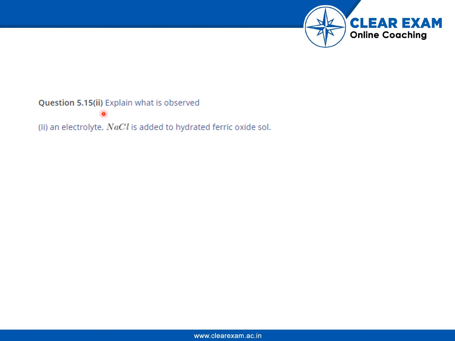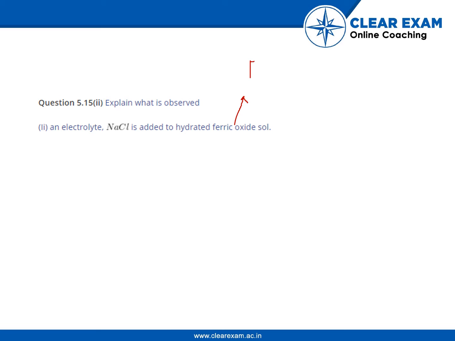The second part of the question is, we have to explain what is observed when an electrolyte NaCl is added to hydrated ferric oxide sol. So first of all, what is the formula for hydrated ferric oxide?